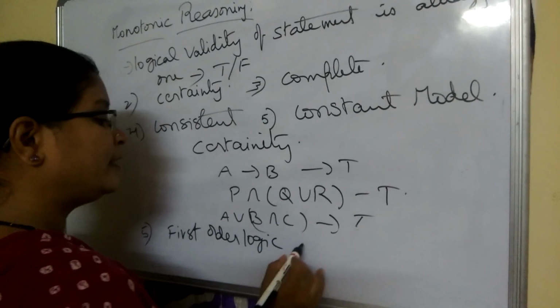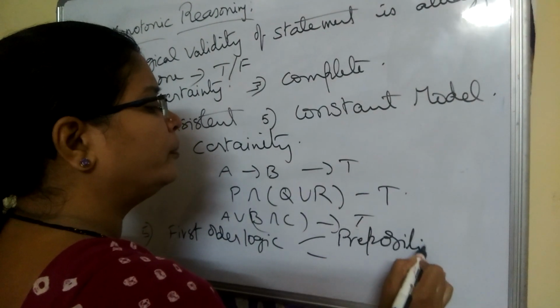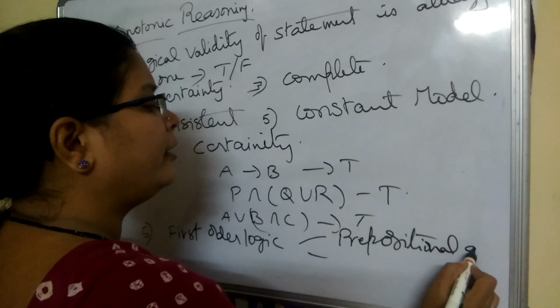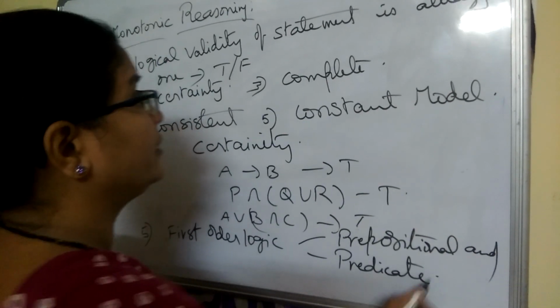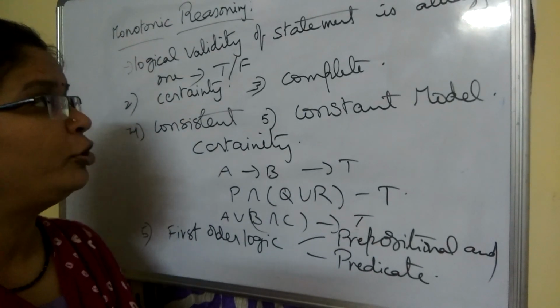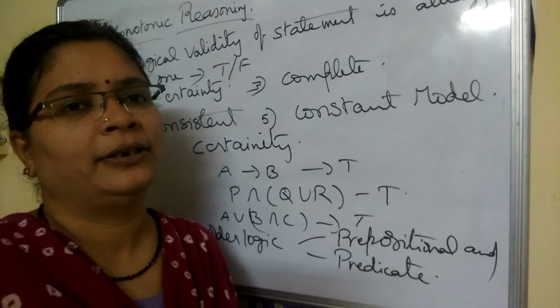This first order logic is again divided into propositional and predicate logic. These are the main things regarding monotonic reasoning.